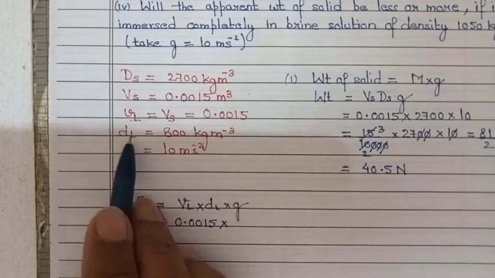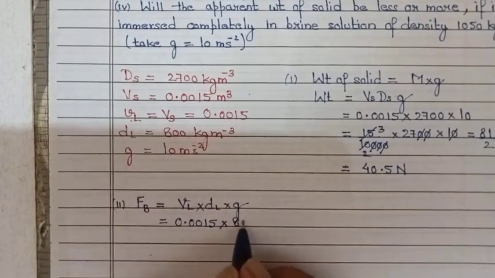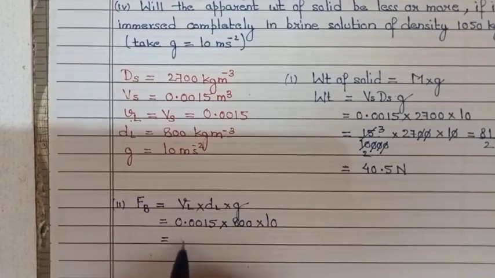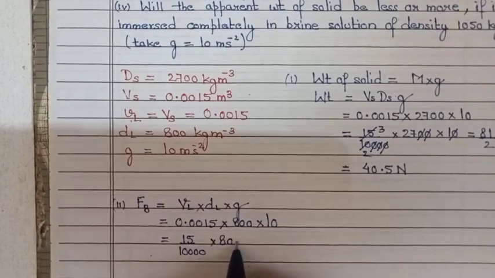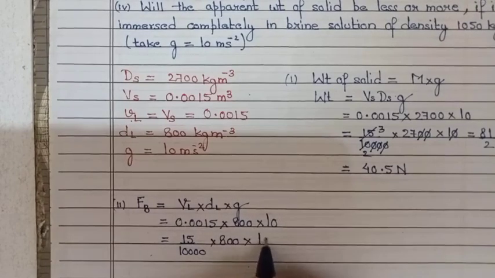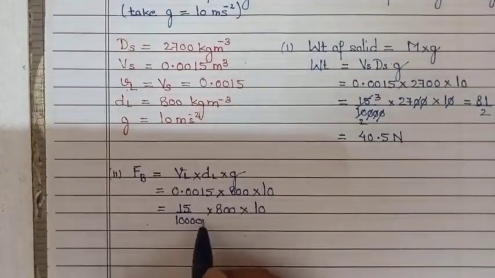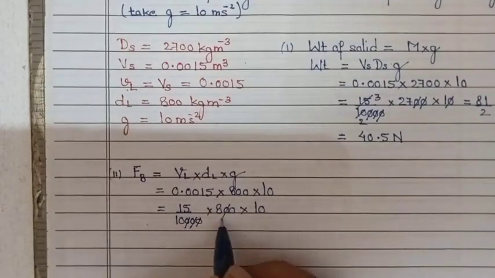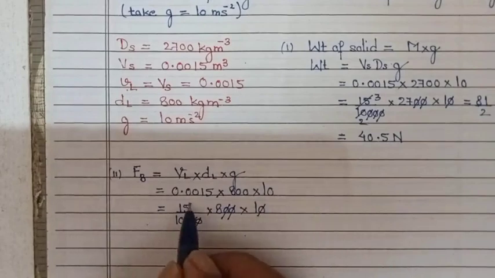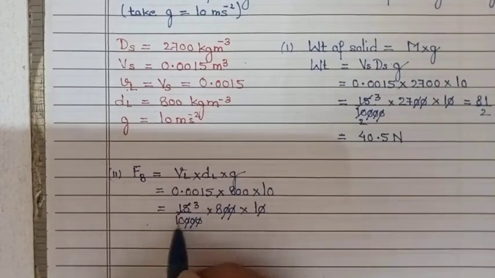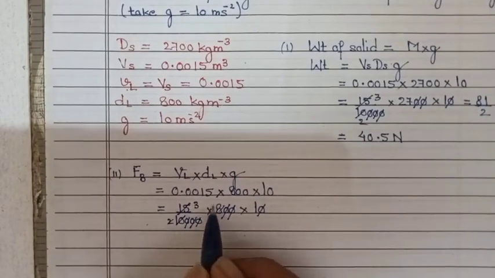Density of liquid here given is 800. Gravity is given as 10. So let's solve this one. So it's 15 upon 10,000 into 800 into 10. So let's reduce it by 5 3s are 5 2s are 2 4 are.